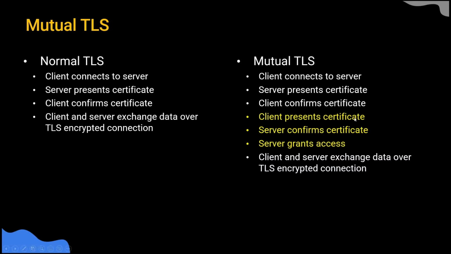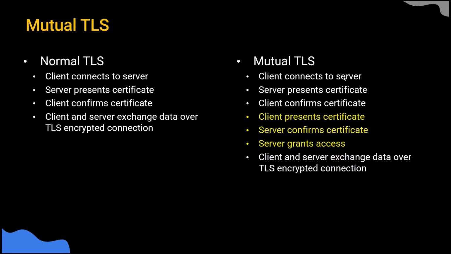With mutual TLS, the validation goes both ways. The client connects to the server, the server sends down a certificate, the client confirms the certificate is valid. That's normal TLS so far. But at that point, with mutual TLS, now the client will pass a certificate up to the server, and the server will validate the certificate the client sent.